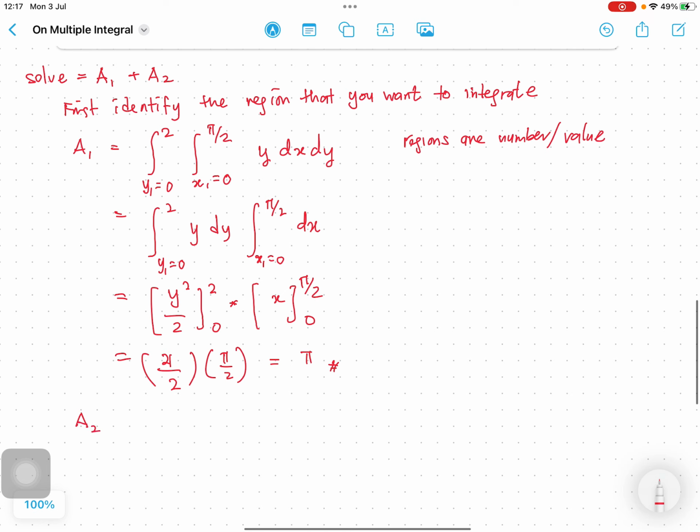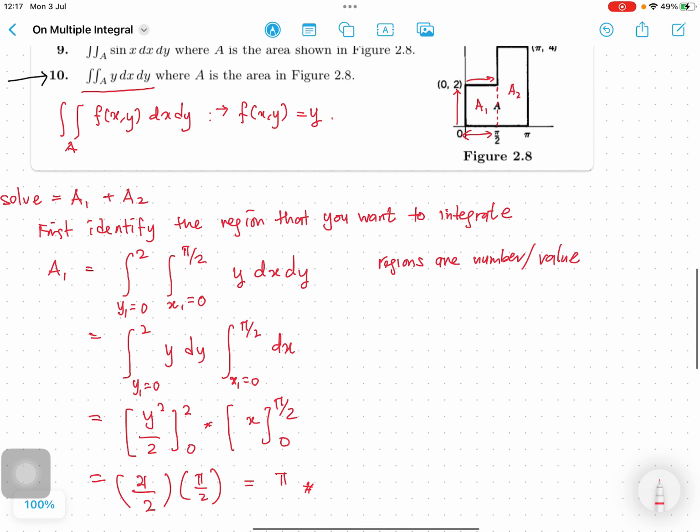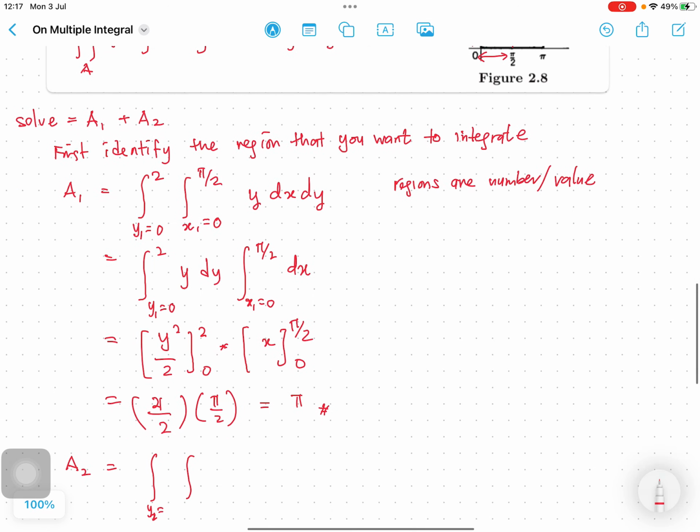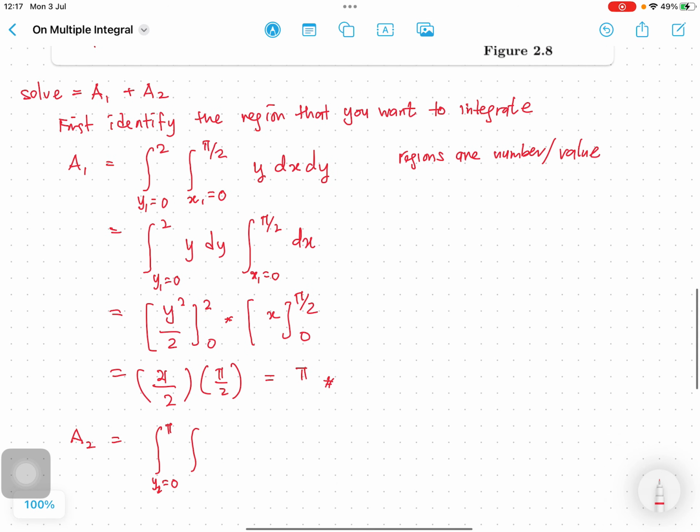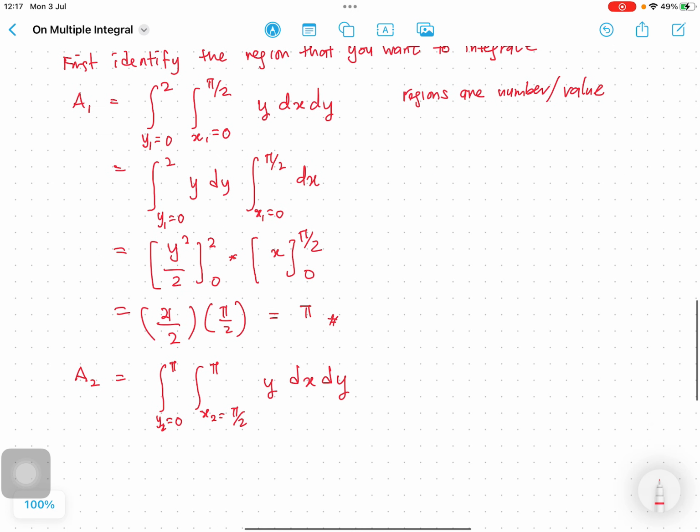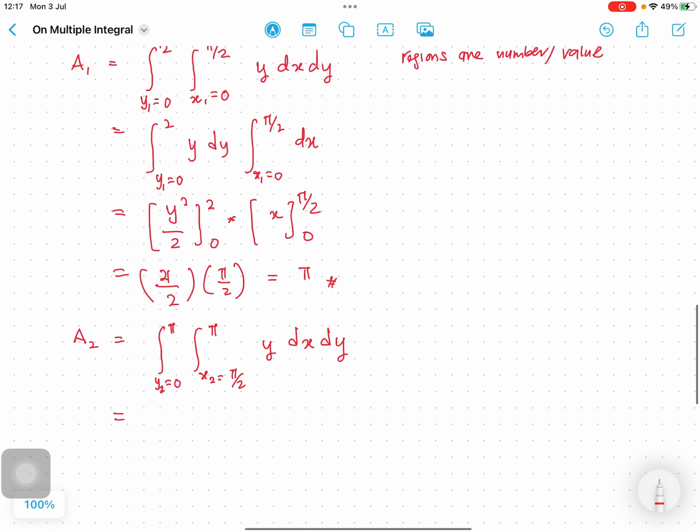Next is A2. Again, a similar process. Your y2 is from 0 to pi, but your x2 is from pi over 2 to pi, y dx dy. So what do you have here?